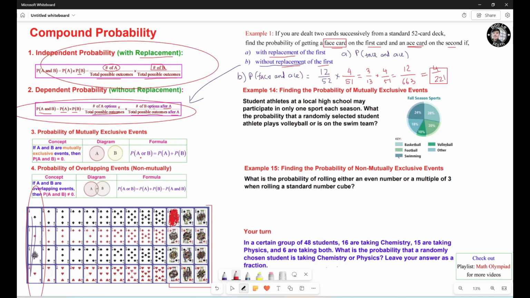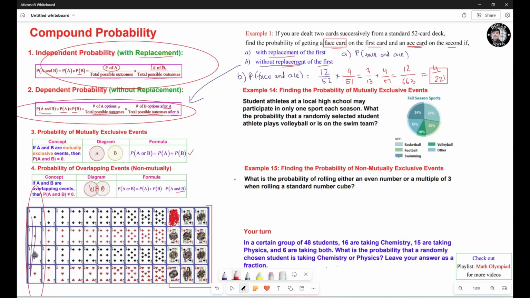So probability of A or B equals probability of A plus probability of B. Now, probability of overlapping events, which is non-mutually exclusive. If event A and event B are overlapping events, then probability of A and B must be different from 0. So probability of A or B equals probability of A plus probability of B, and then you need to subtract the overlapping one, probability of A and B.